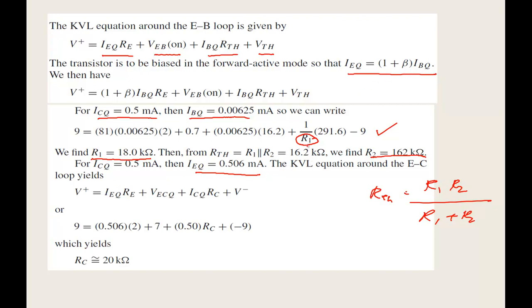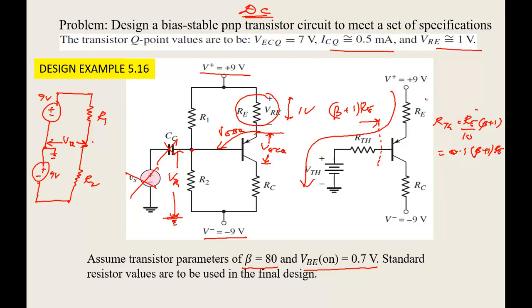Now in the output loop, the EC loop, if I put it, I'll get V plus is equal to IEQ. Look at here, this is a loop. So V plus is equal to IE RE plus VEQ plus IC RC. Plus this one: 9 minus minus 9 is basically 18 volts.